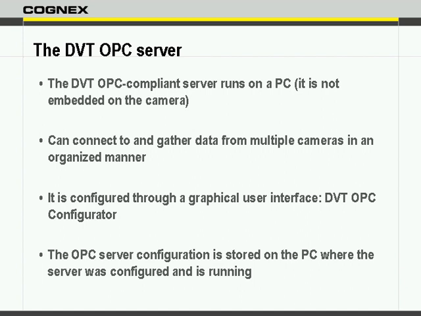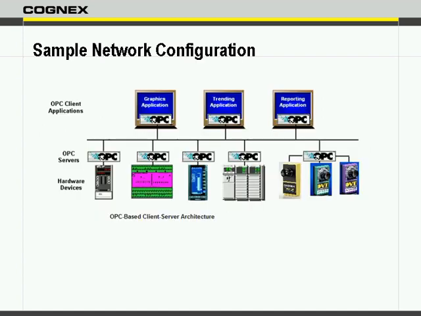So the configuration is saved or stored as a file on the PC where the server is running. You can actually take that configuration file to a different computer, and the OPC configurator will recognize it just in case you need to transfer your server from one PC to the other.